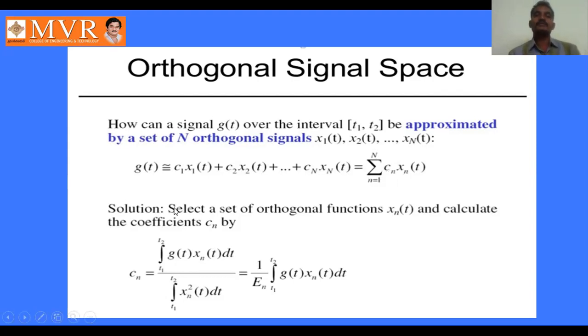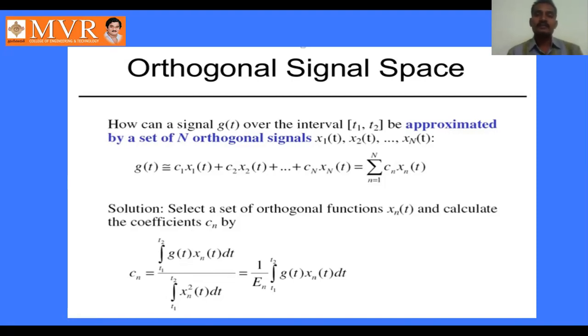Here the solution is to select a set of orthogonal functions xn(t) and calculate the coefficient cn by cn equal to integral t1 to t2 of g(t) xn(t) dt divided by integral t1 to t2 of xn square(t) dt. It is the same as the coefficient in orthogonal vectors or orthogonal complex signals.